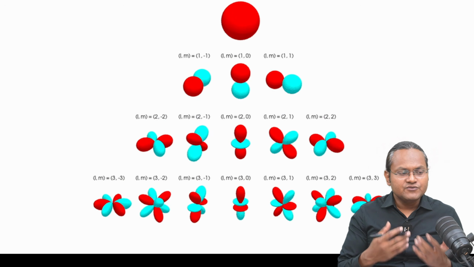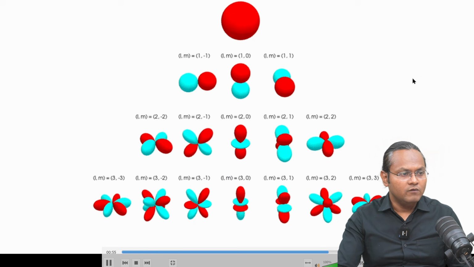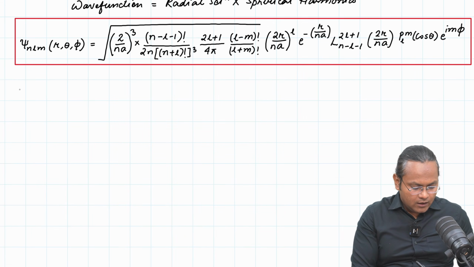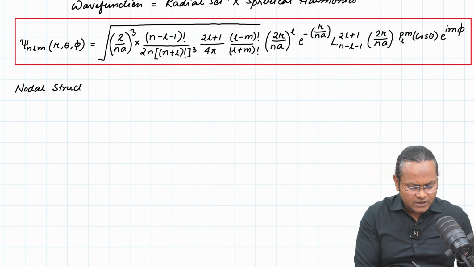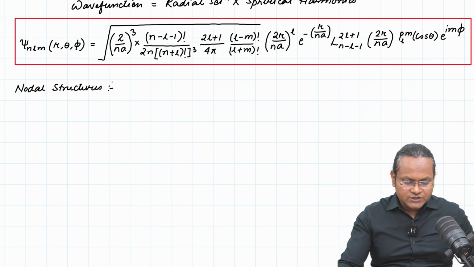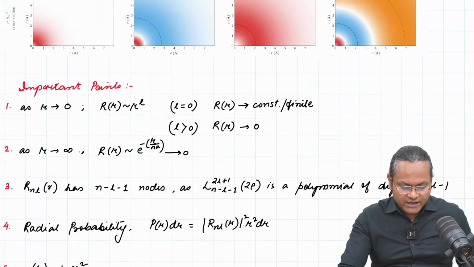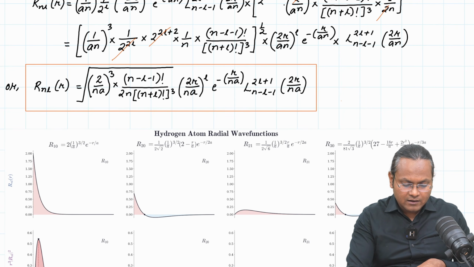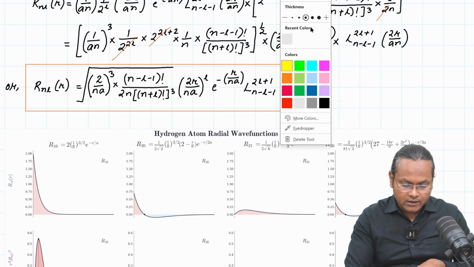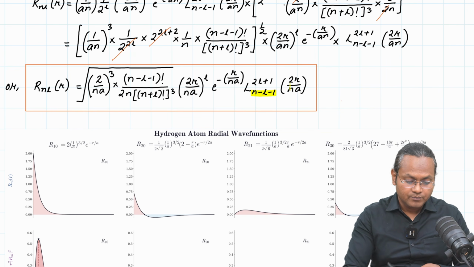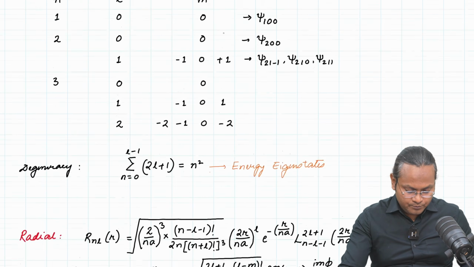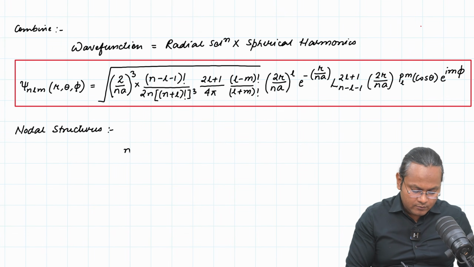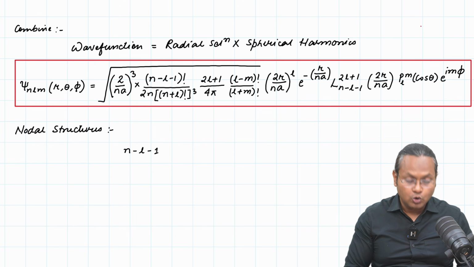Now there is something very interesting here that we can combine with our overall solution, which has to do with the nodal structures. If you look at the nodal structures, it will give you a much more intuitive idea about the orbital shapes. When we looked at the radial solution, I told you that there are n minus L minus 1 nodal surfaces.